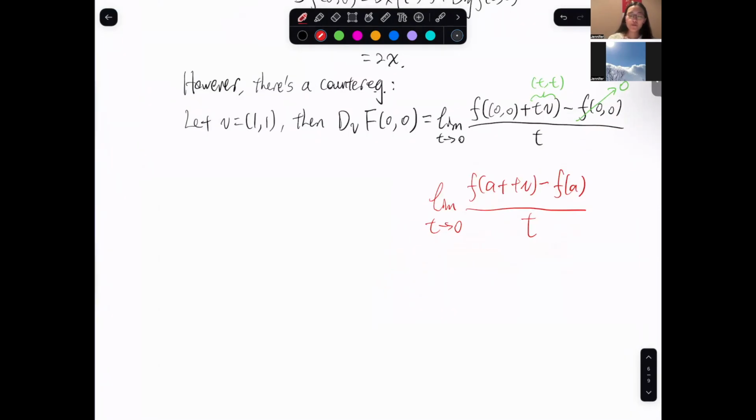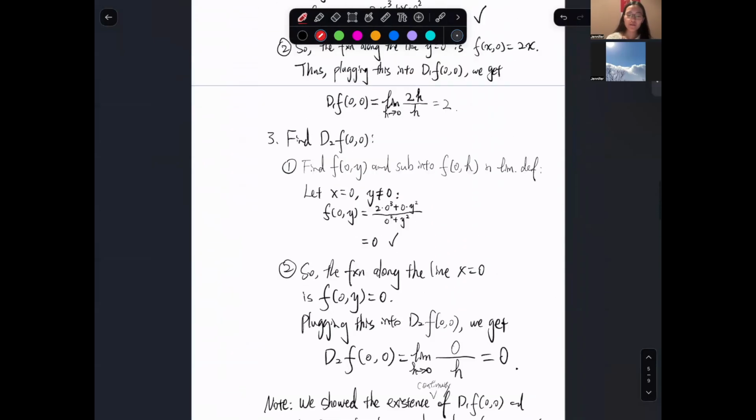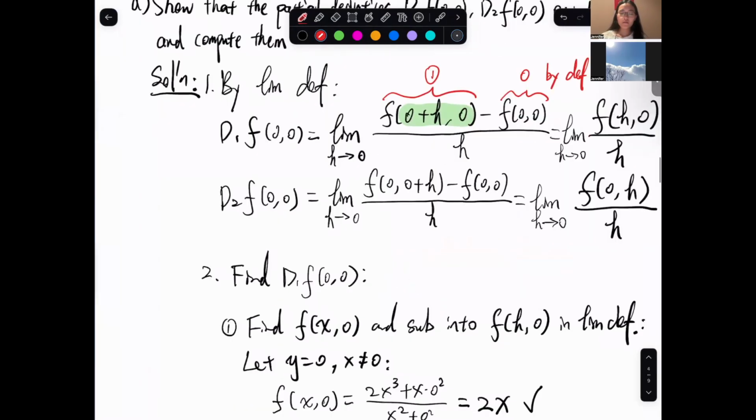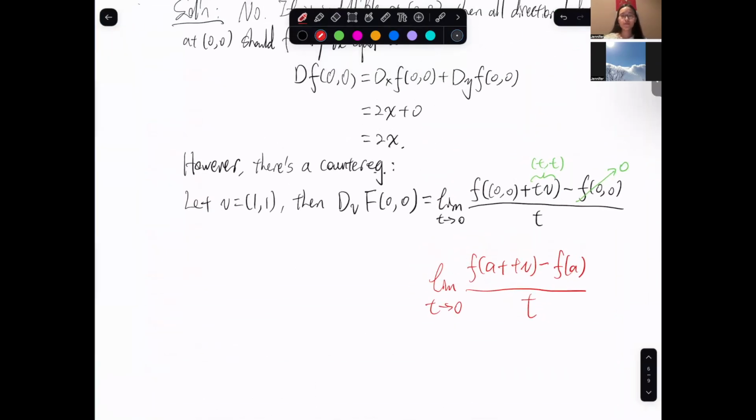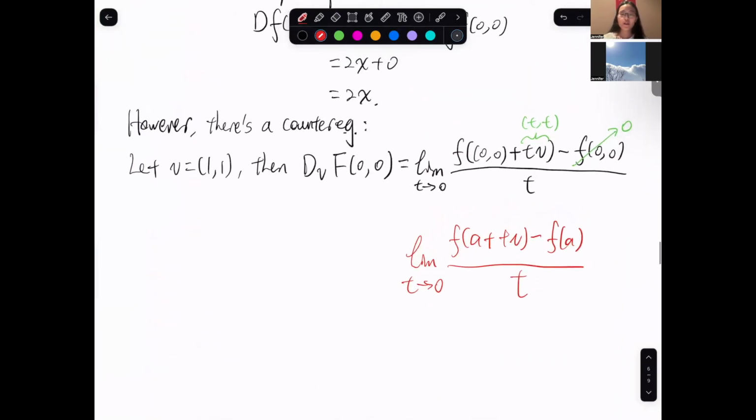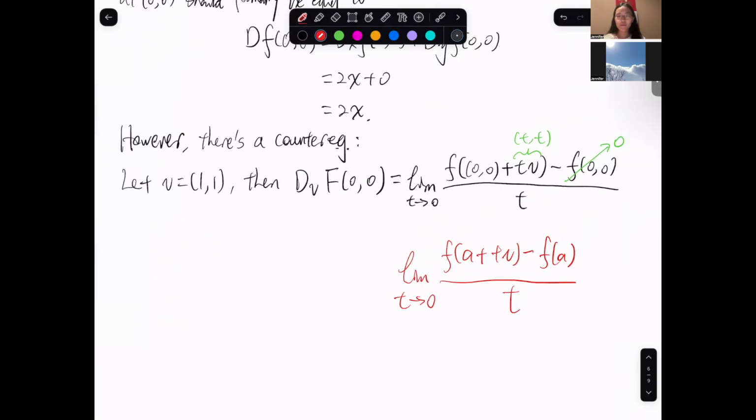If you recall the limit definition of the partial derivative, we're basically taking a small change at that particular component. But in a directional derivative, we take a small change in all the components.